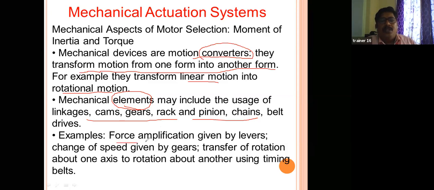Examples: the force amplification given by levers, and the change of speed given by gears.